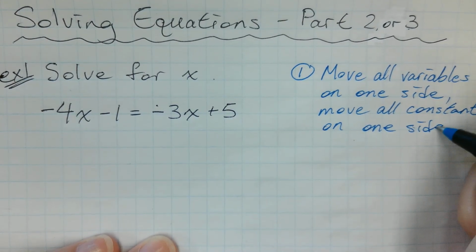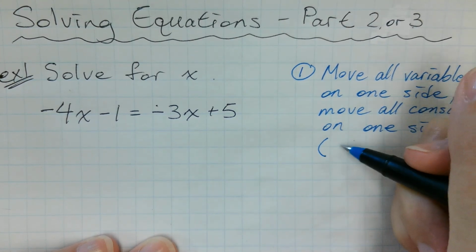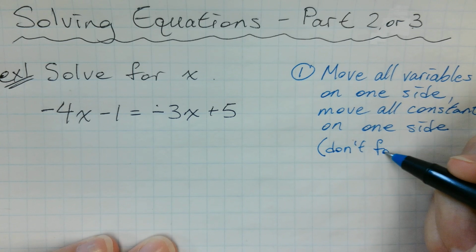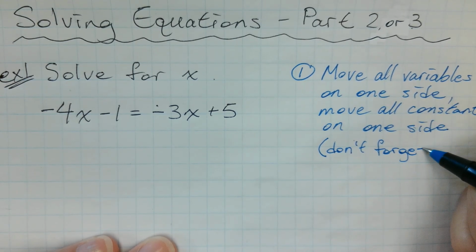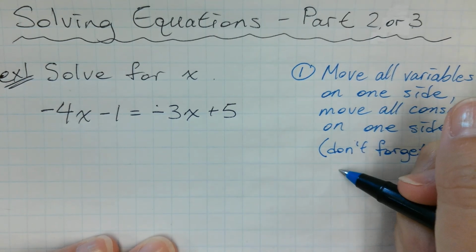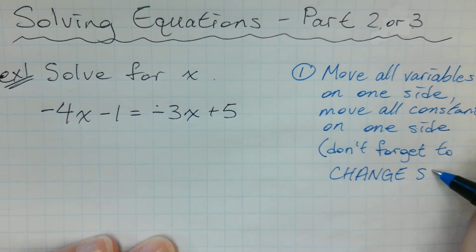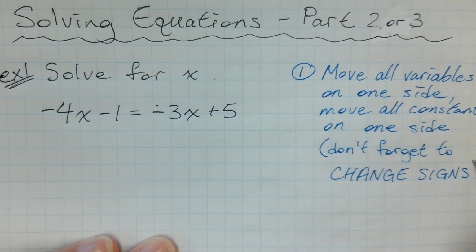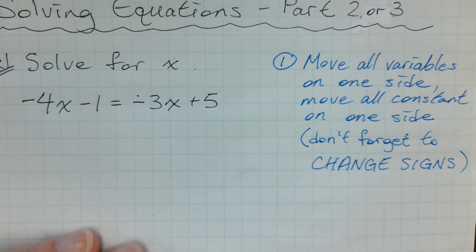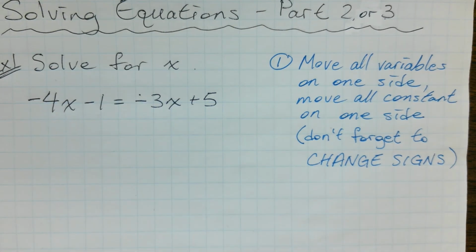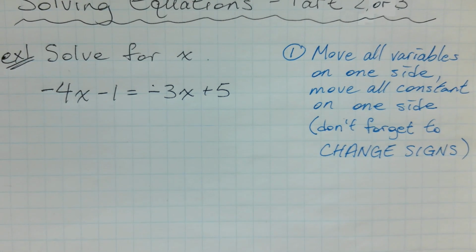So separating them. Don't forget to change the sign. You don't have to write that down, up to you, this is just notes for you guys. Don't forget to change signs when you move something over to the left side or the right side.